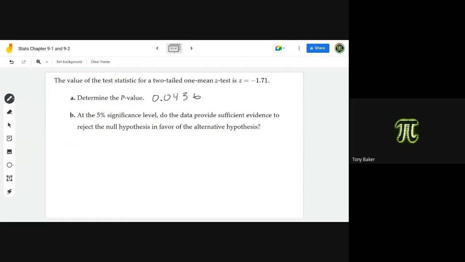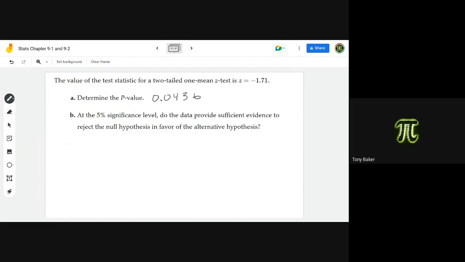That's going to give you 4.36%. We can't reject this one. Now, you can look at this as one of two ways when you're looking at a two-tailed test.